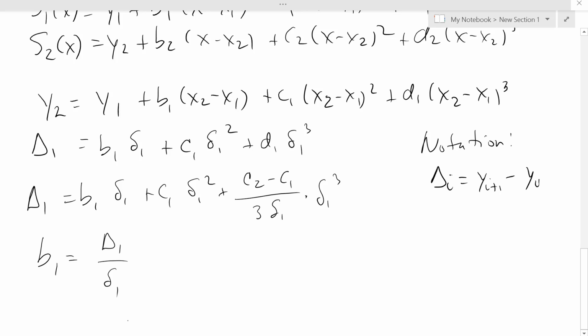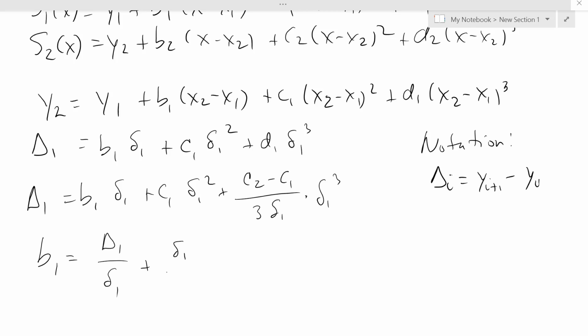Okay. So when we do that, what are we left with? Well, let's see. I've got a little delta 1 on top. Now let's see about the C's. If I multiply this by 3 over 3, you get a common denominator here.